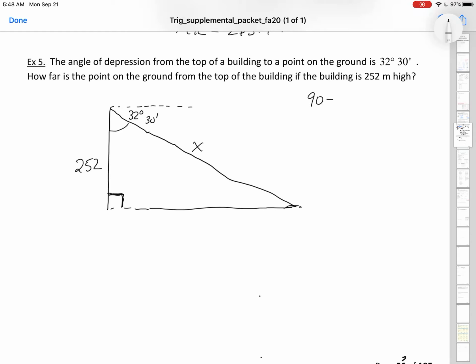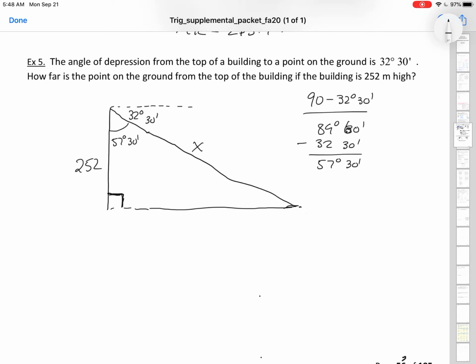So 90 minus 32 degrees 30 minutes is, 89 degrees 60 minutes minus 32 degrees 30 minutes, which is 57 degrees 30 minutes.